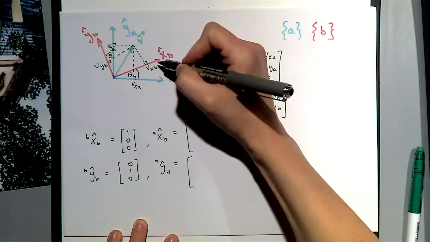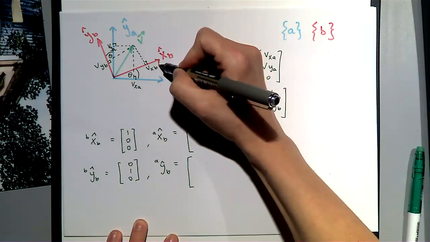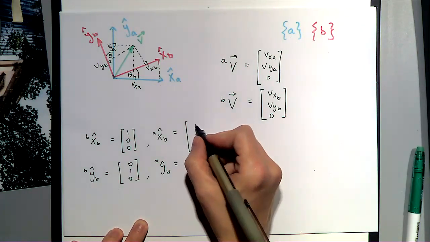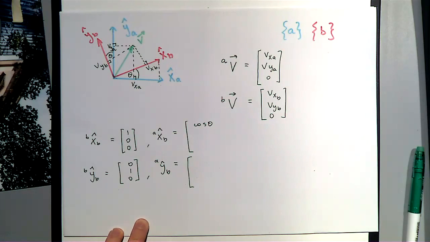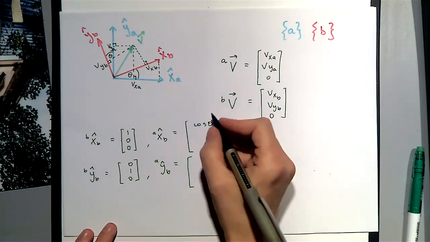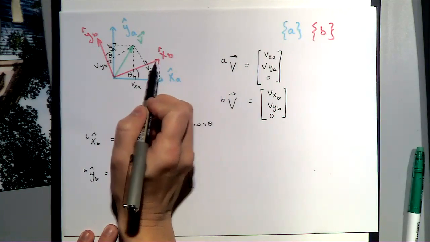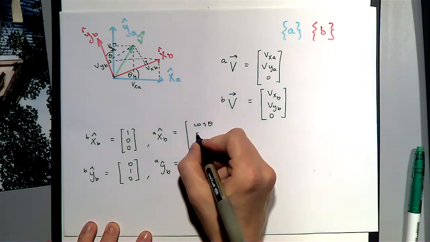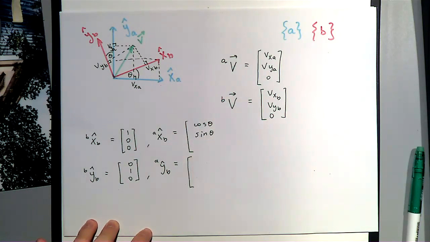What is the projection of XB onto XA? Cosine theta, right? All agree? Right, cosine theta. And onto YA, sine theta. And onto ZA, 0.